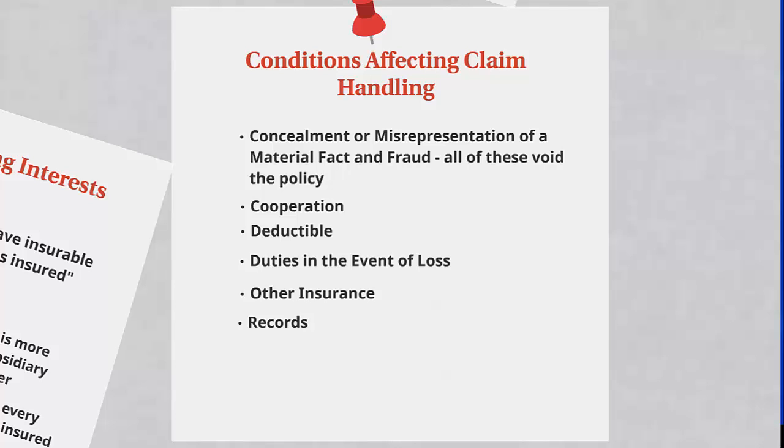The difference between theft and other types of loss, of course, is that there is no property to be observed to determine whether or not it's been destroyed or damaged. This makes fraud much more probable with theft claims than other causes of loss. So it's important that the insured keeps records to verify the amount of covered loss.